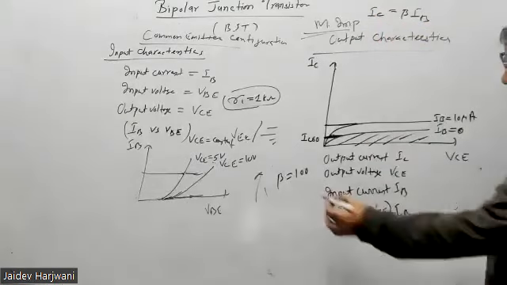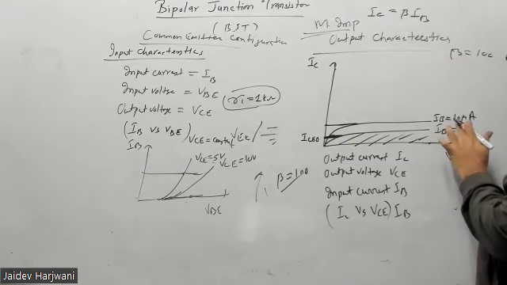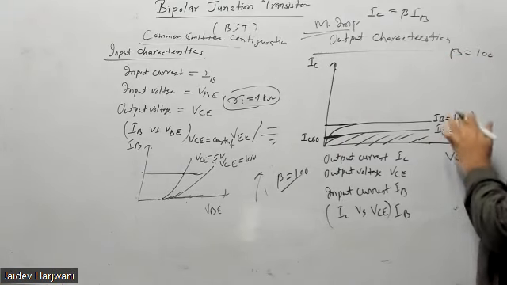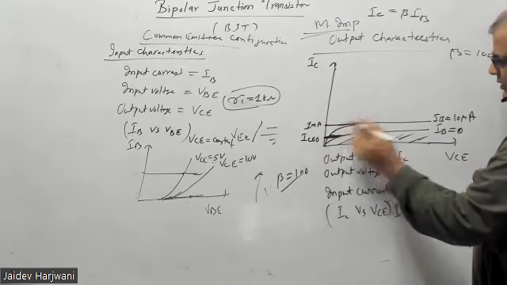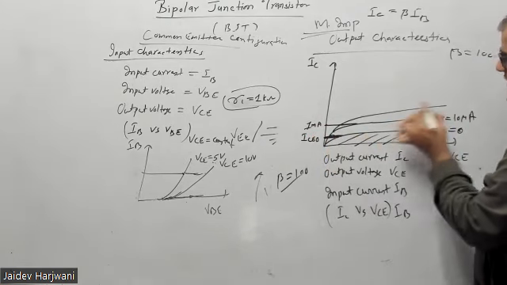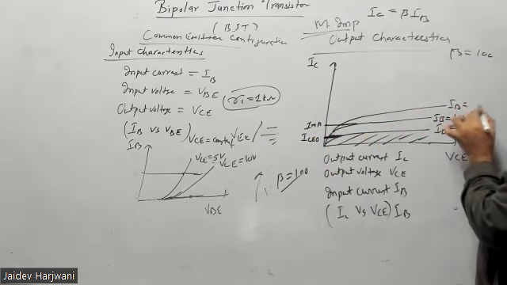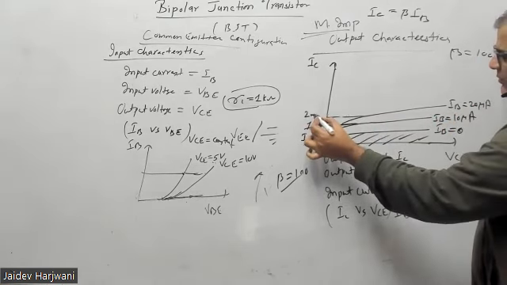So beta values, I'm telling you 100. This graph I'm putting for 100 value. So if IB is 10, beta is 100, 1000 microampere, this become 1 milliampere. Okay. So this graph is slightly tilted. Okay. And if I say this is my IB equals to 20 microampere, then this become 2 milliampere.